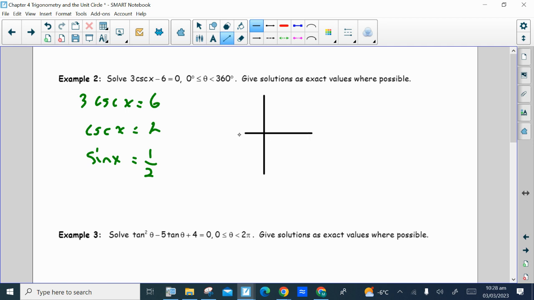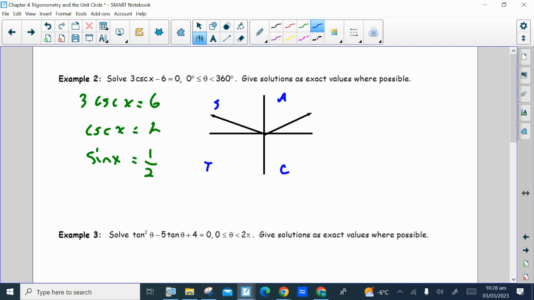So in this case here, it's a positive value, positive 1/2, which means our answers would be in either quadrant 1 or 2. There's where our two rotation angles will be. And once again, the reference angle is the same as the previous example.